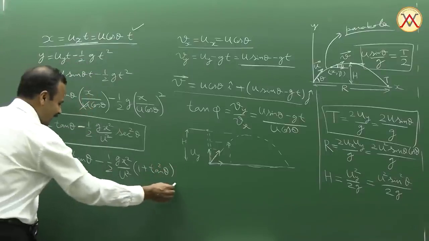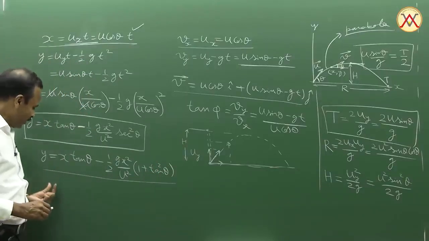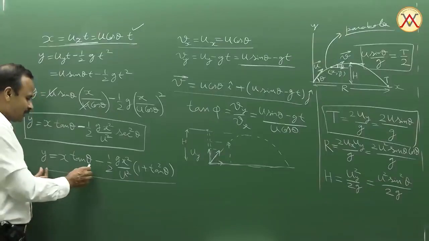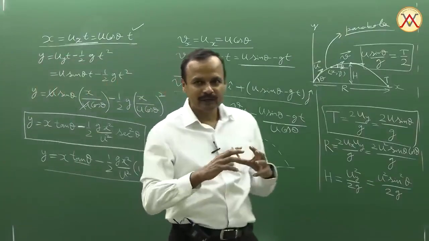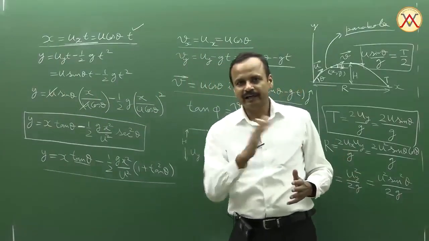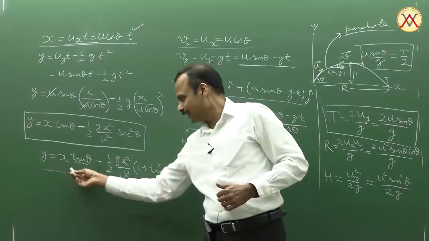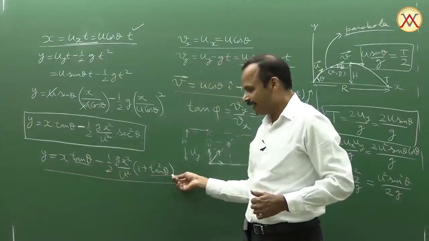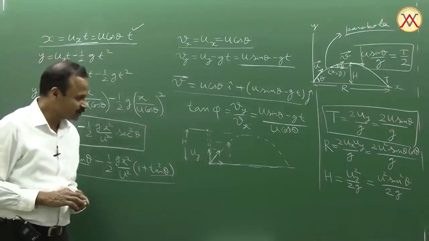The advantage of writing the trajectory equation in this form is that you can think of y as a function of tan theta in questions where we are changing the angle and trying out different trajectories. So in such questions, y can be visualized as a function of tan theta directly. We will see it later in the questions.